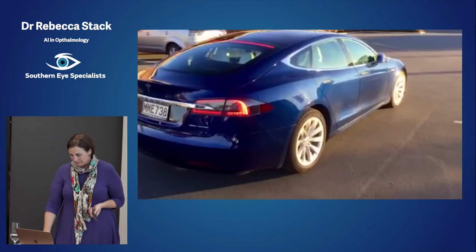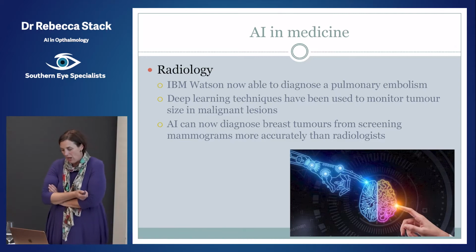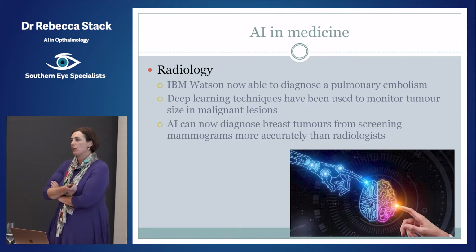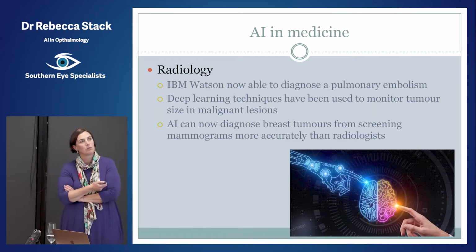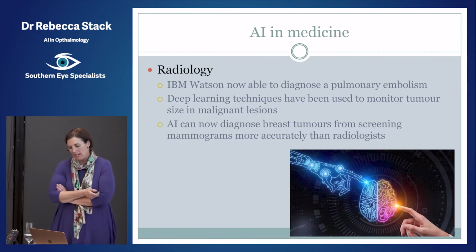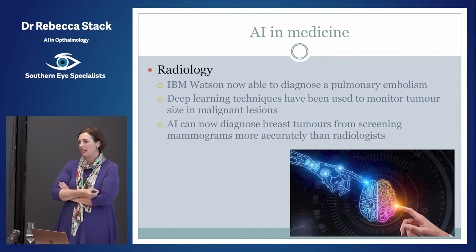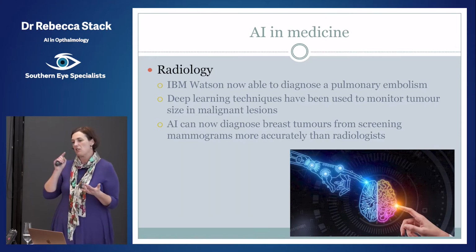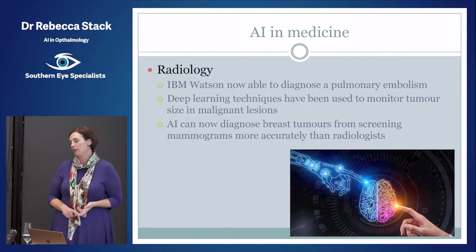So what about in medicine? IBM Watson is something that you might have heard of, and everyone thought that that was going to be the next thing. IBM Watson is basically a huge, massive mega data system, and it was going to answer all our problems. You'd be able to tell Watson that you had a patient in front of you and they had distortion and a sore eye and whatever else was wrong with them.